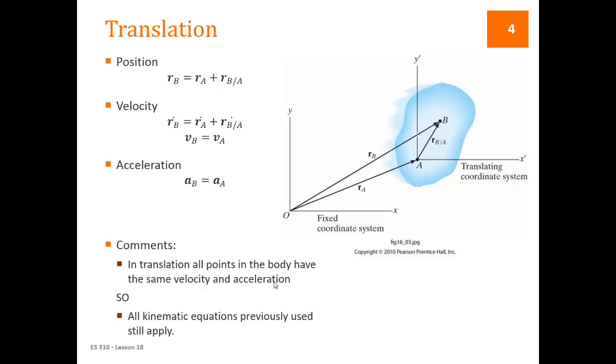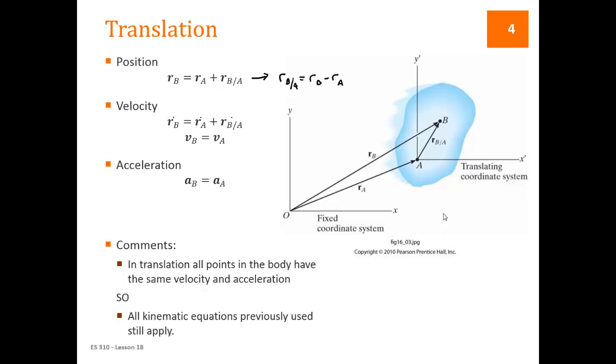So let's take a look at translation. This is what we have been doing, so it should look familiar. This position equation is a relative position equation. The position of B is equal to the position of A plus the relative position from A to B. We've been used to seeing this equation written as r_BA is equal to r_B minus r_A, but this is the same idea.